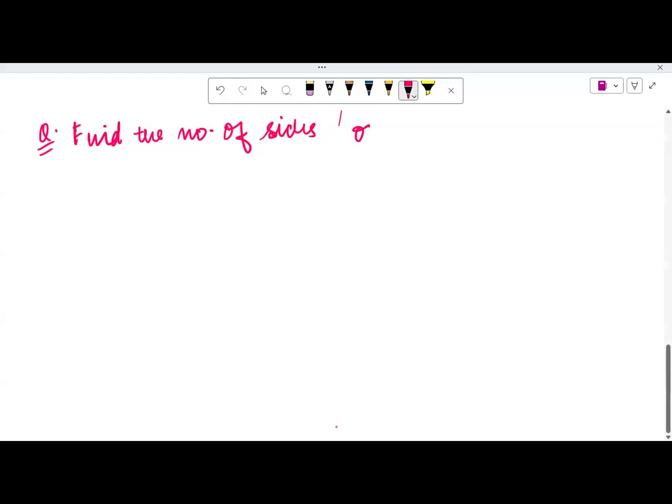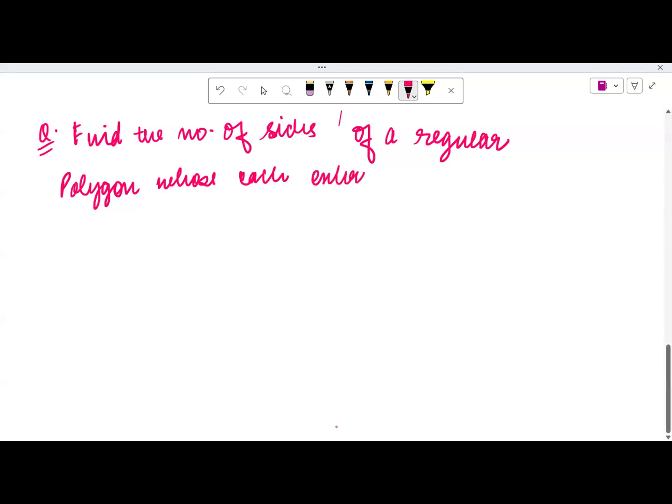Find the number of sides of a regular polygon whose each exterior angle is 45 degrees. Ma'am, the exterior angle is 45 degrees? Yes, 45 degrees.